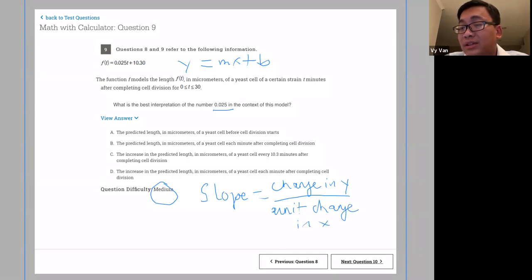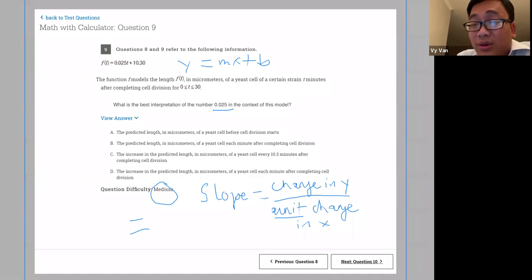Why do I emphasize the word unit? That means it changed over 1 unit of x, like 1 minute or $1. So it's the change in y over each change in x. In this case, y is the length, and the change could be an increase or decrease.